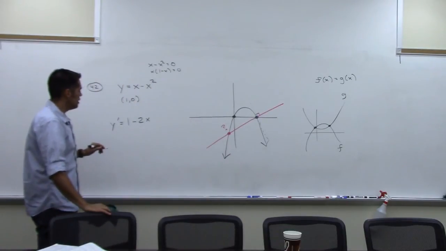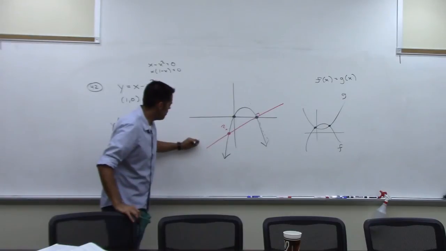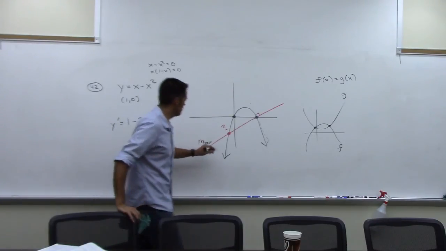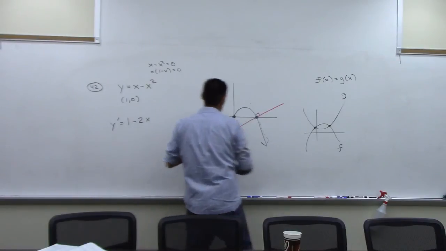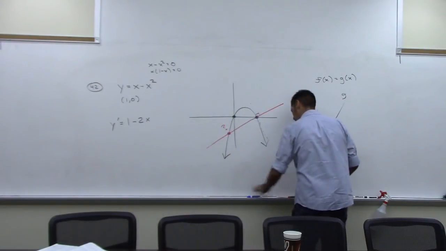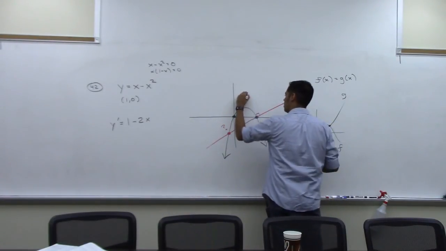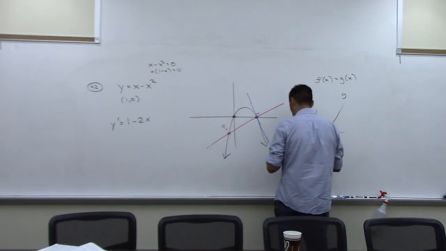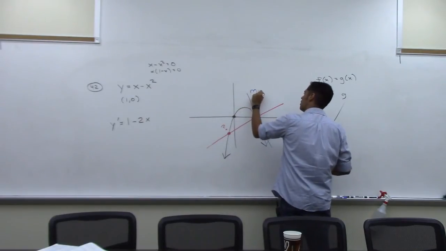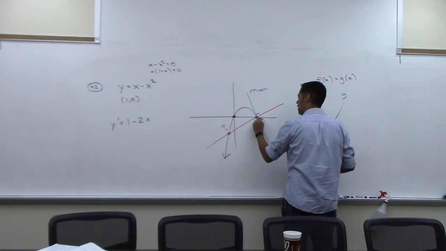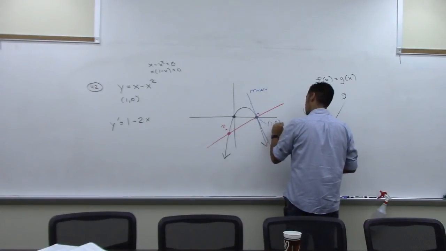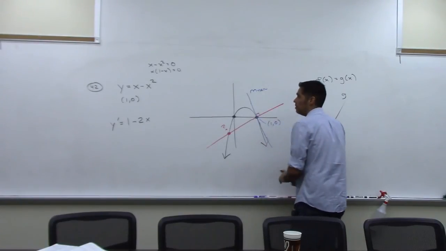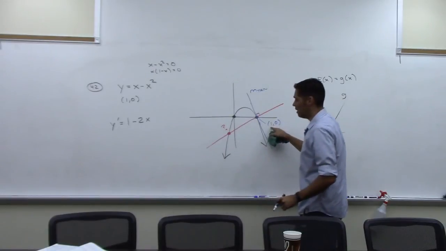Now, I want the slope of this tangent line, the red one. Let me draw the tangent line in here. The slope of the tangent line at this point (1, 0): to do that, I need to plug 1 into the derivative.